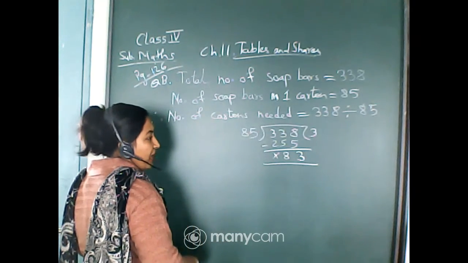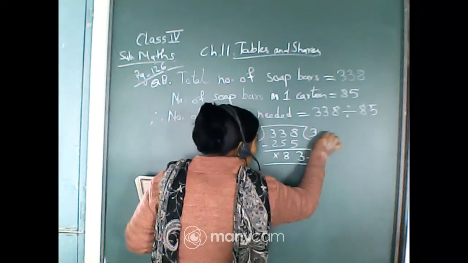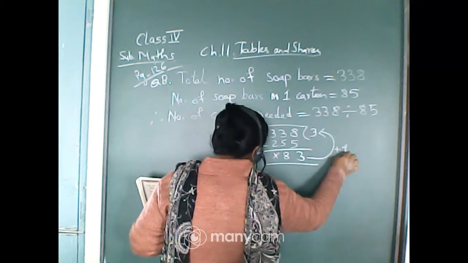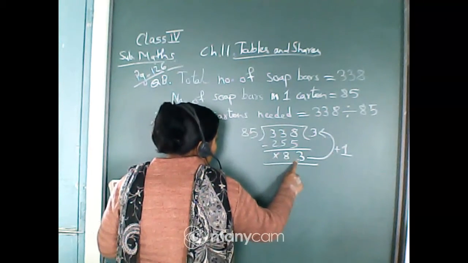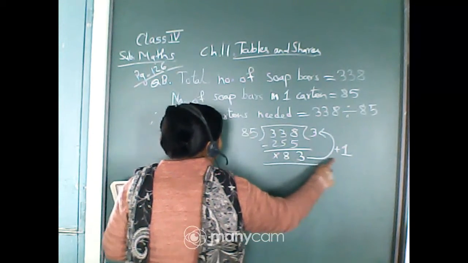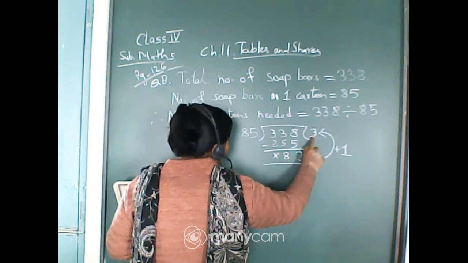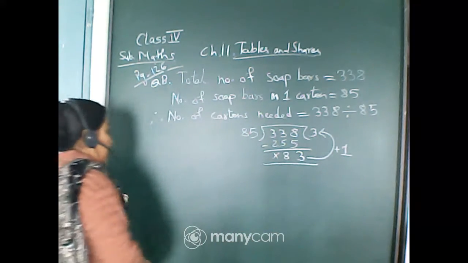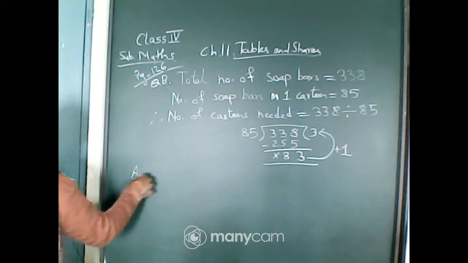So we need one more carton. That means to pack these 83 soaps we need one more carton. That's why this will be 3 plus 1, 4. This way it will be 4. Okay, so the answer will be 4.